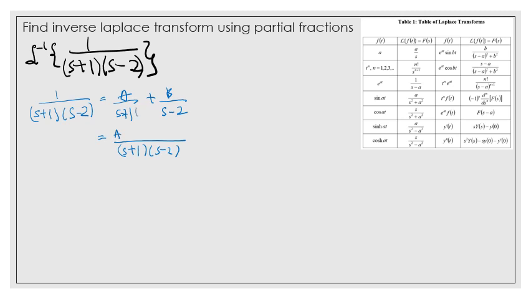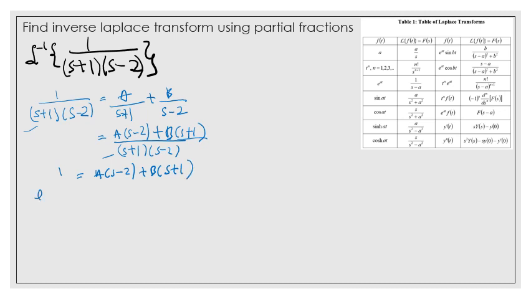So since s plus 1 we multiply by s minus 2, A also should be multiplied by s minus 2. And s minus 2 multiplied by s plus 1, so B also multiplied by s plus 1. Okay, so since the denominator is the same, we can take the numerator. So 1 equal to A(s minus 2) plus B(s plus 1).